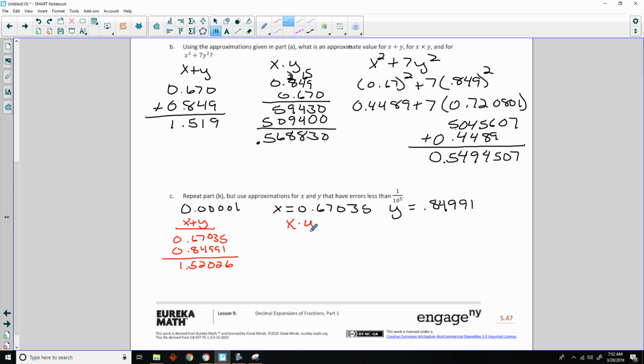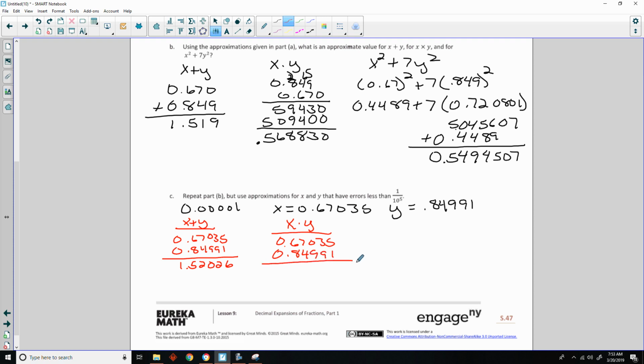X times y is going to be 0.67035 times 0.84991. Oh, me and my fours, that keeps snapping. I've got to write them slower.